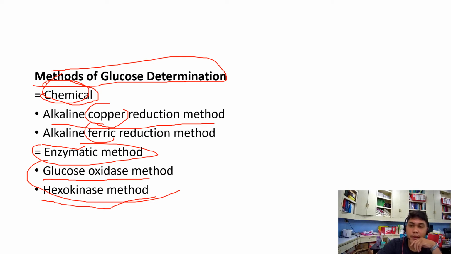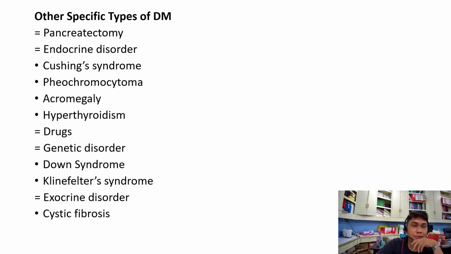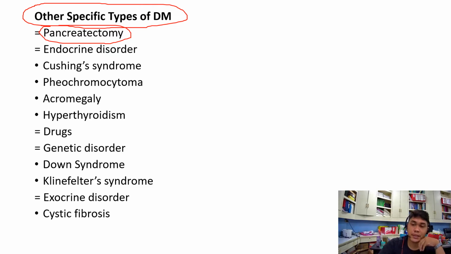Then next, other specific types of DM. First is pancreatectomy, which is the removal of a portion of the pancreas or the whole pancreas. The effect is a decrease in beta cells, so you have decreased insulin production.